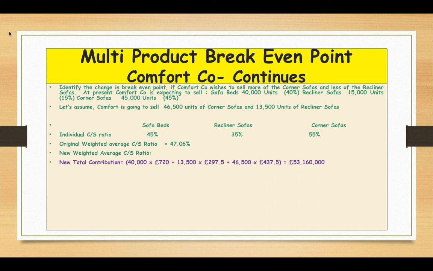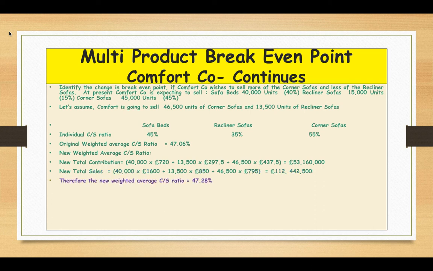If you look at the new total contribution, the total will be 53,160,000, where we have added all the total contribution from sofa beds, recliner sofas, and corner sofas. And the total sales is also going to change. If you add all the new total sales, that is going to be 112,442,500 pounds.